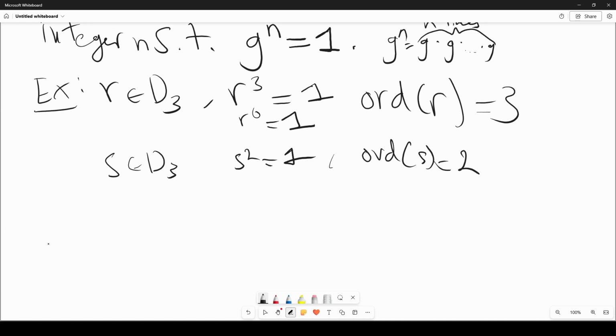Now, just 2 more definitions. I'm going to define a subgroup, which I also introduced last time. Let G be a group.